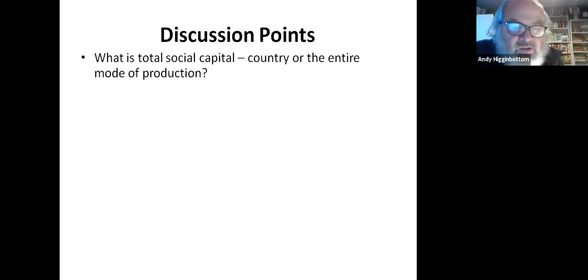So what is the total social capital? Is it the total social capital within one value regime, case A or case B, or across these two regimes? Or even, can we talk of a total social capital within them if the rates of profit don't tend to equalize? So there's three potential answers to that question.